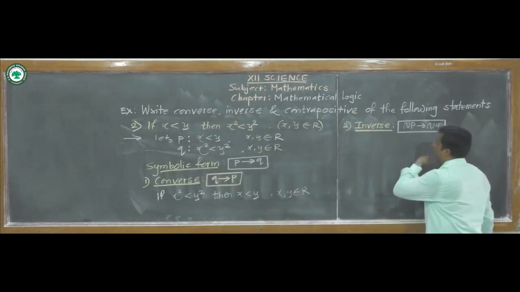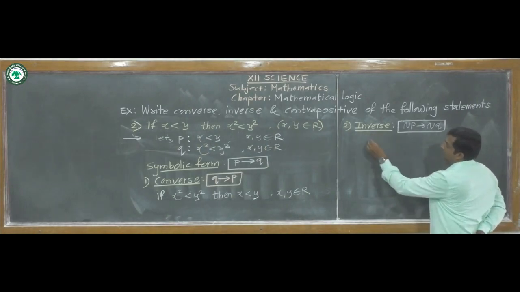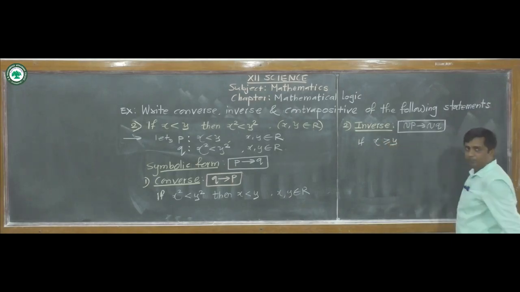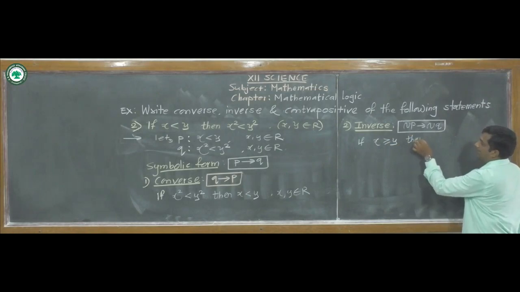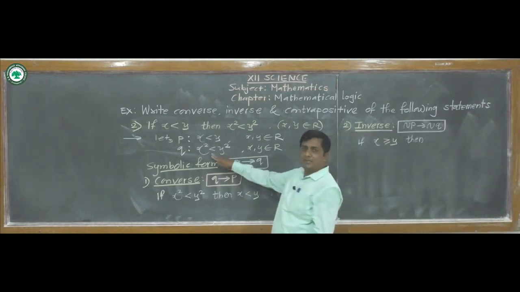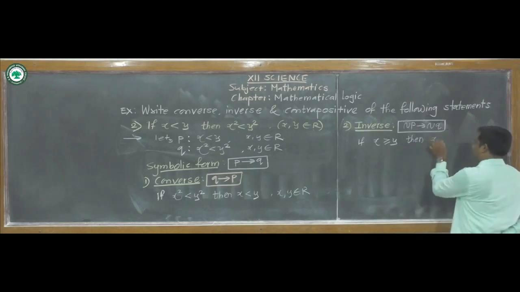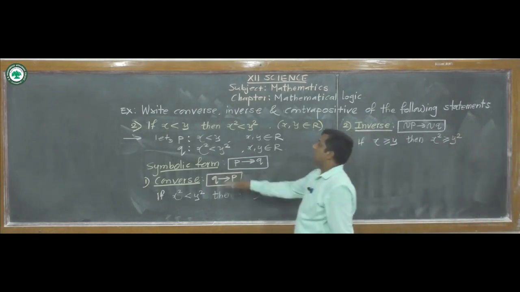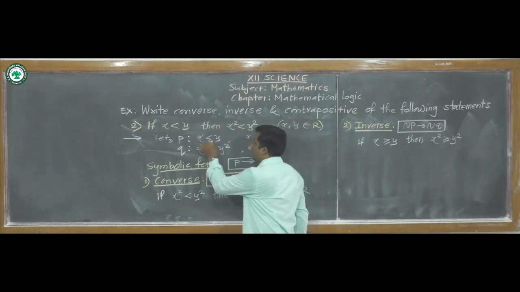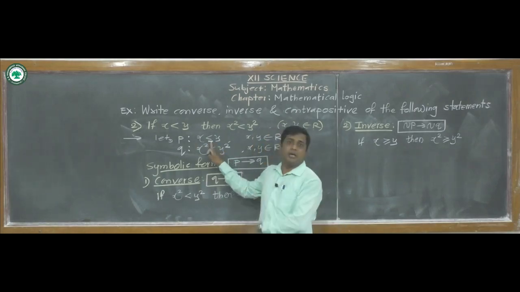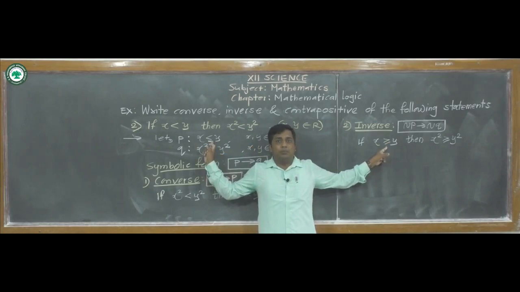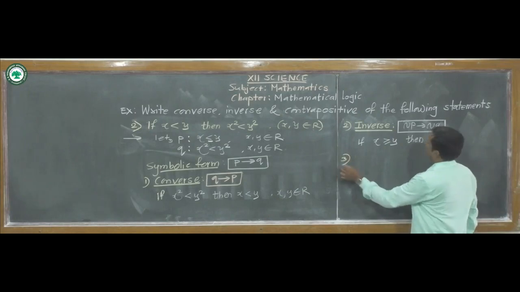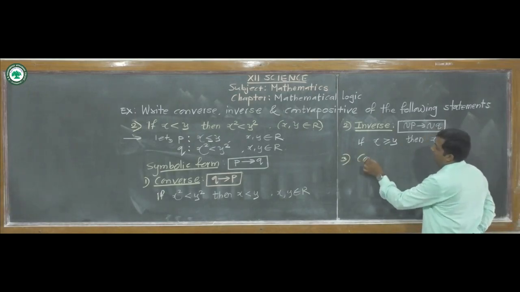So we get its inverse: if x is greater than or equal to y, then the negation of Q is x square is greater than or equal to y square. Remember this: if this type of notation is given in the inverse or negation, we consider greater than or equal to.